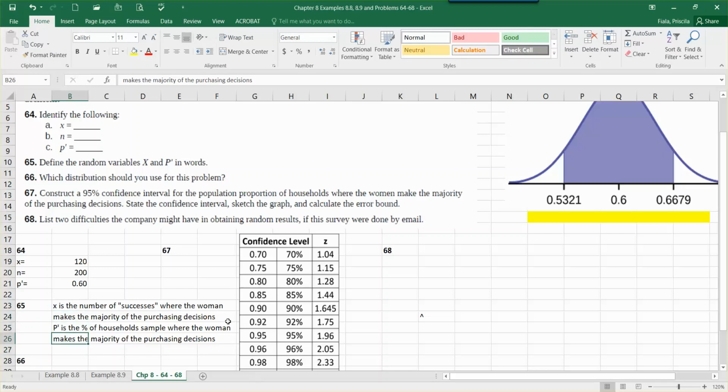Okay, perfect. So we have defined x and we have defined p hat.